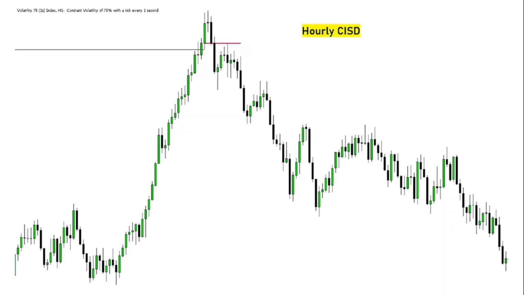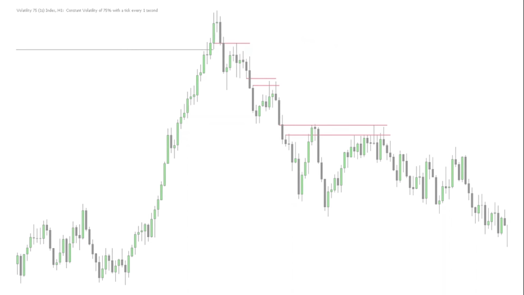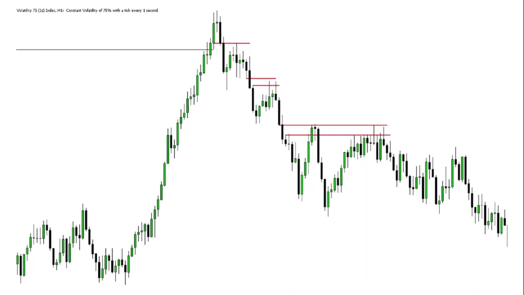Therefore, you can expect, even in this one here, that price is going to shift from buy side delivery to sell side delivery, which means price order flow is going to go from bullish order flow to bearish order flow, and that means that PD arrays are going to be respected now, as you see in price.